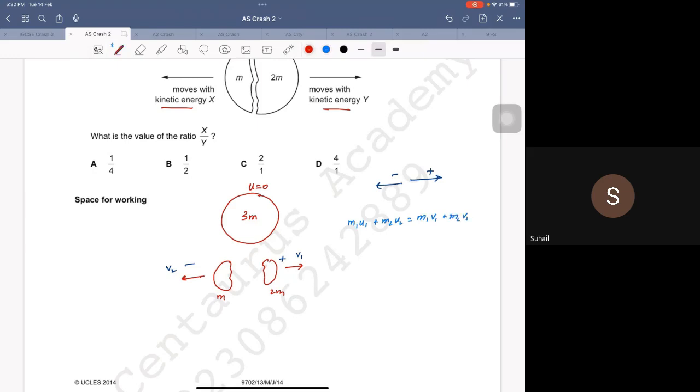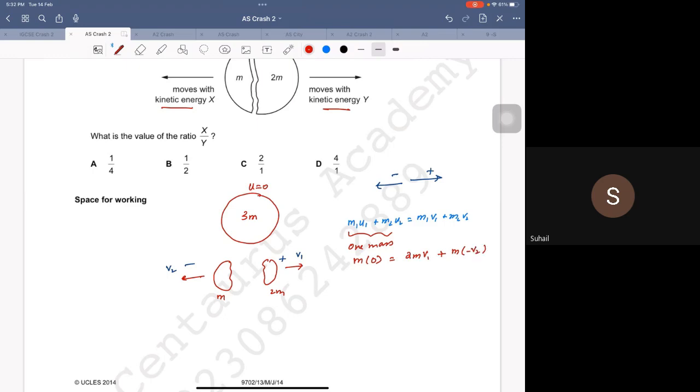You should understand that this is just one mass. So if initially that mass has no velocity, the total momentum is 0. Afterwards, we got 2m going at v1 velocity, and we got m which is going at minus v2.